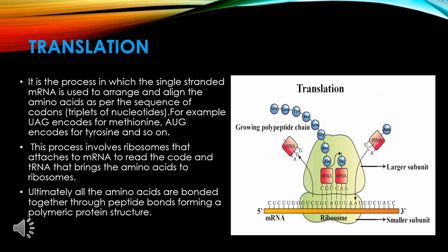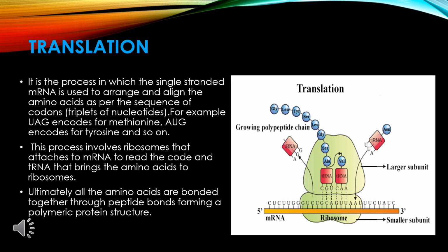When one codon is over, what will happen? The next transfer RNA will come. It will read the second codon UUG. It identifies that it encodes for serine. Now it has to find serine and what will happen?